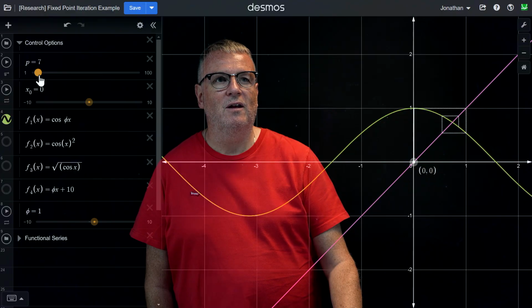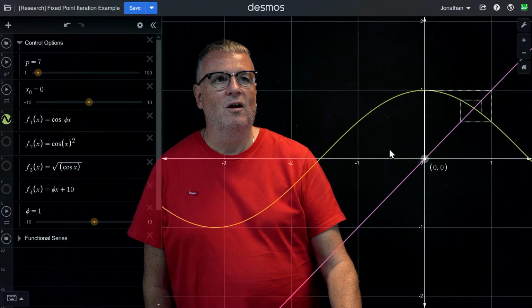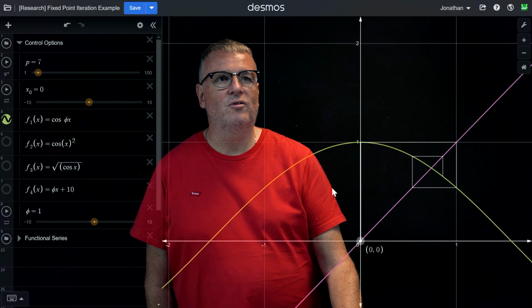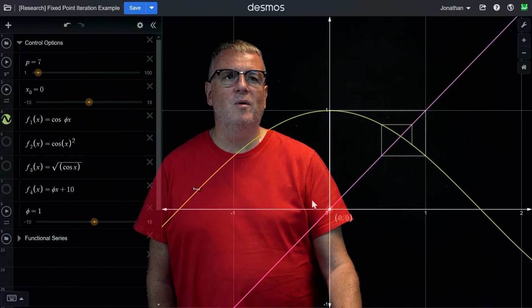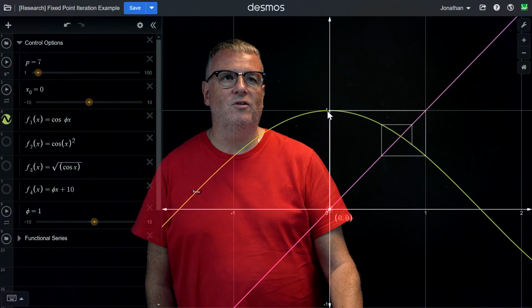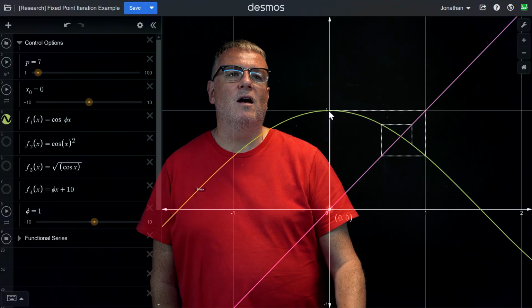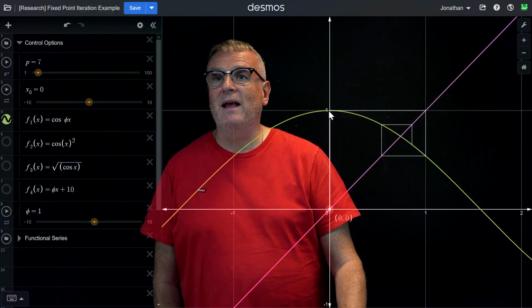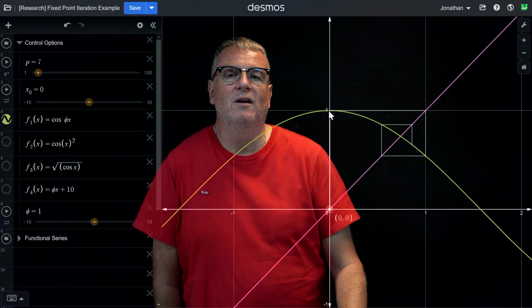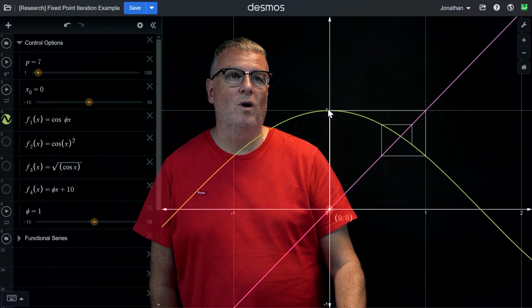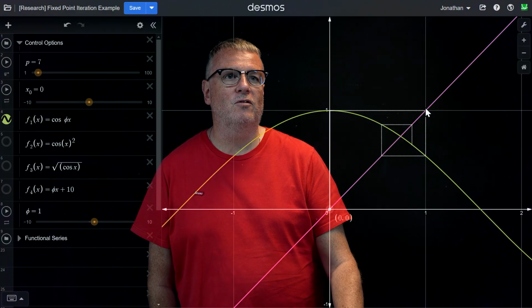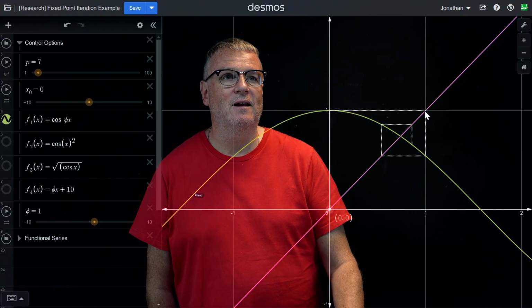And what I can do, by moving this slider, is have Desmos calculate the numbers. And let me explain why I'm seeing these lines. So we start off with 0. And if you remember, when I hit the cosine button, of course, the cosine of 0 is 1. But a calculator doesn't have an x-axis or a y-axis. It has a screen. So when I hit the cosine again, it basically takes this 1, but it's an input this time. So the 1, if I move across to this line, which is y equals x, basically that's where we would get our 1.